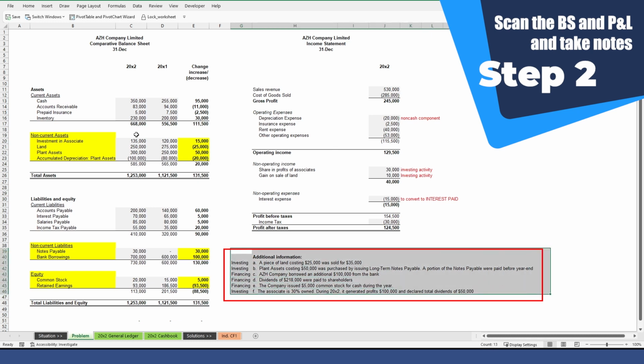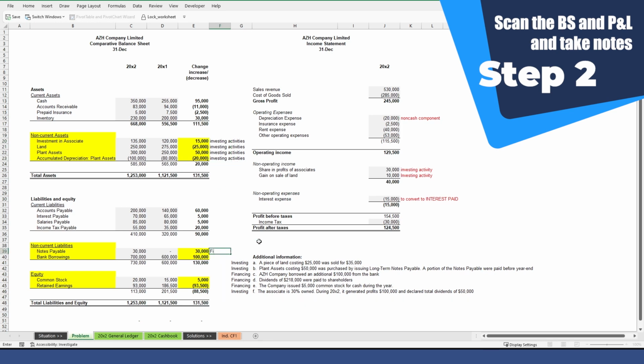So you have to check the movements of the non-current assets for investing activities, non-current liabilities for financing activities, and equity for financing activities, so that you will be able to have an idea what are the other items or what are the other additional information you have to consider for your cash flow preparation.